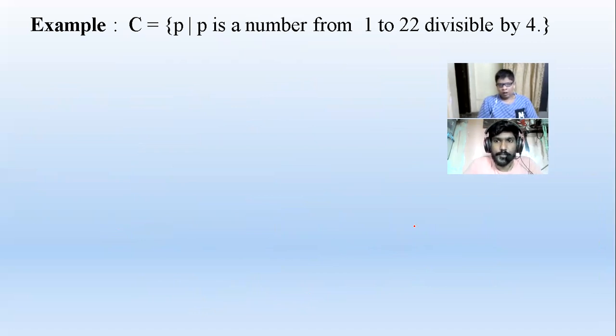Next. Can you read this? C is a set of variable P such that P is a number from 1 to 22 divisible by 4. Divisible by 4. So now first of all, can you tell me how to write this in the roster form? What are all the numbers between 1 and 22 that are divisible by 4?